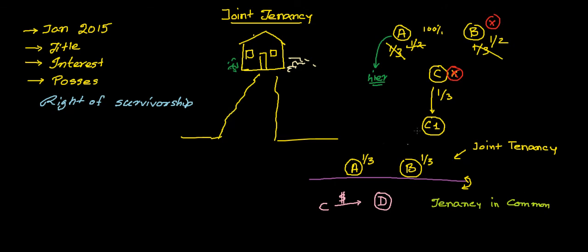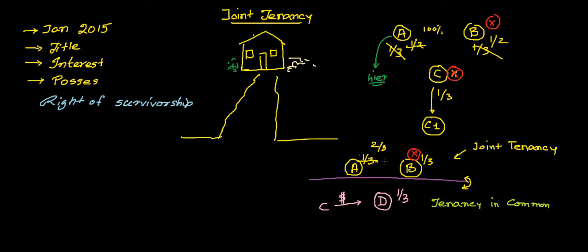Now what happens is, if B dies for some reason, A will automatically be the owner of 2/3 of the property, but D is not going to get that. D still owns only 1/3 of the property. Because there is a joint tenancy, the ownership is automatically transferred based on survivorship.